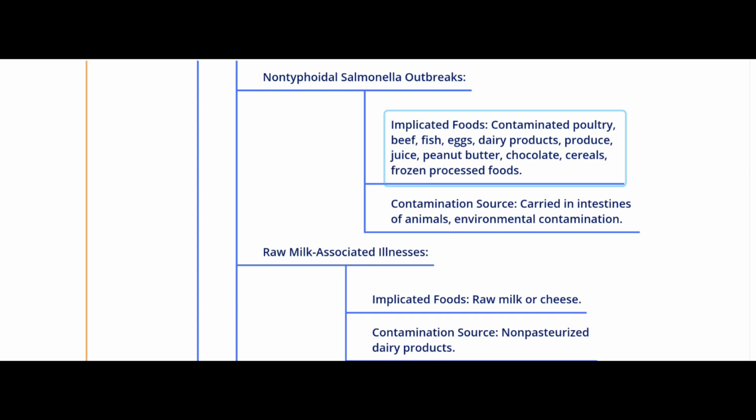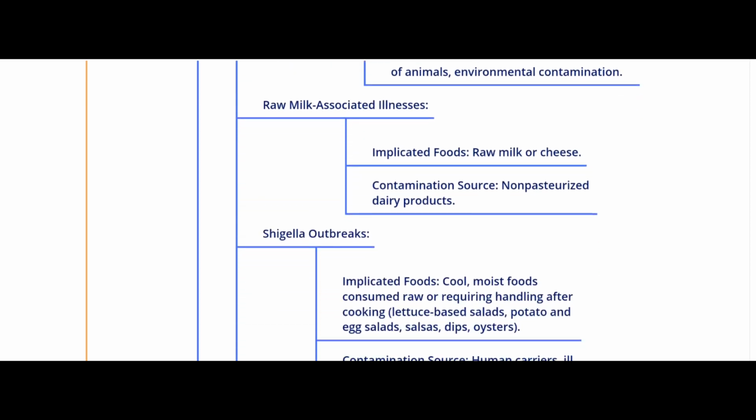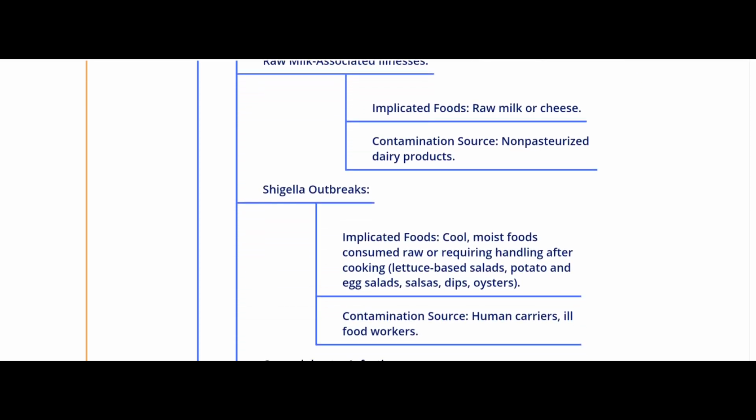The contamination source is the intestines of animals and environmental contamination. We have raw milk associated illnesses, and this is raw milk and cheese. Usually it can be Salmonella or brucellosis. The contamination source is non-pasteurized dairy products.